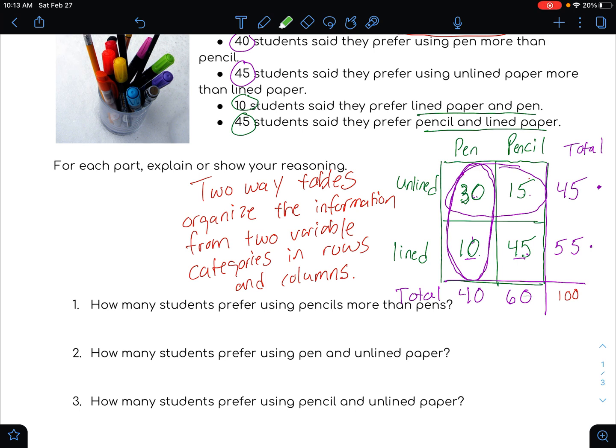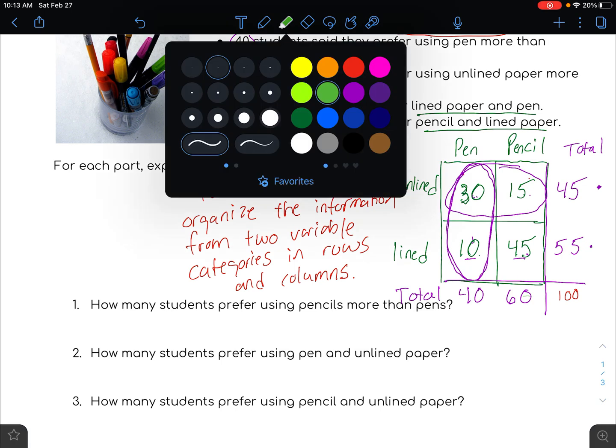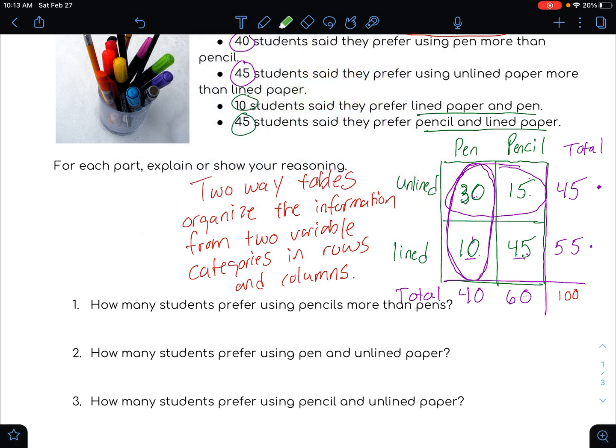We have 60 students that are preferring pencils and 40 students that prefer pens. So we look at the pencil column, that would be a total of 60 in the pencil column in the table.